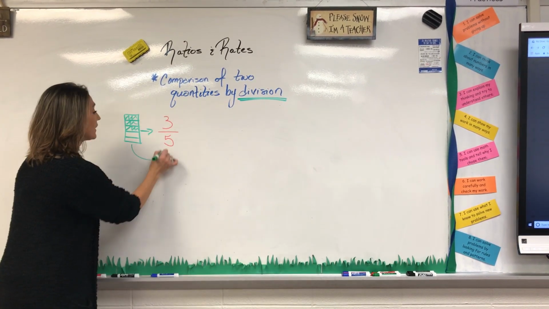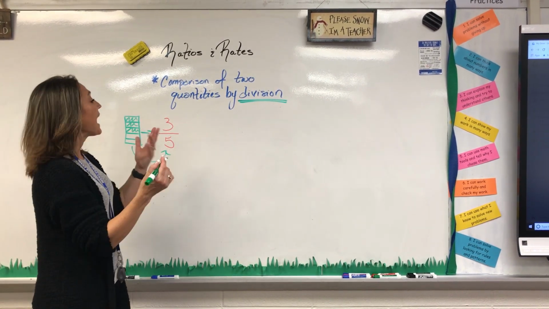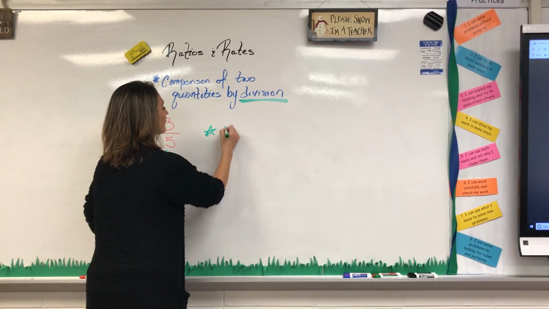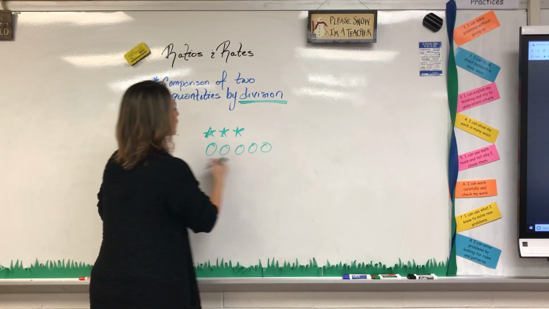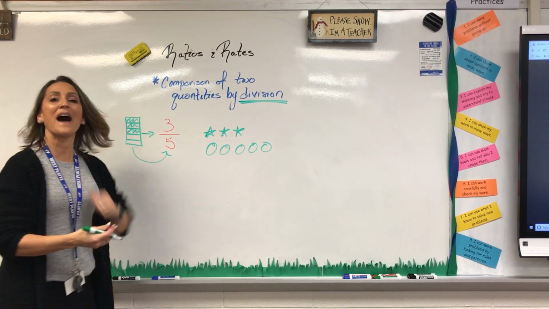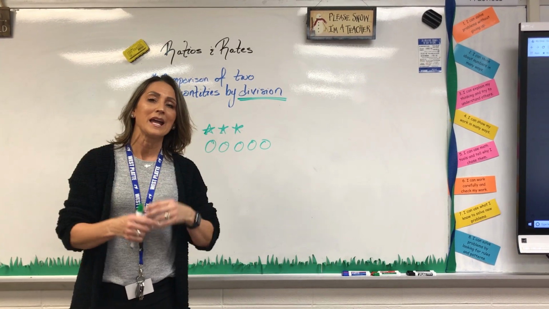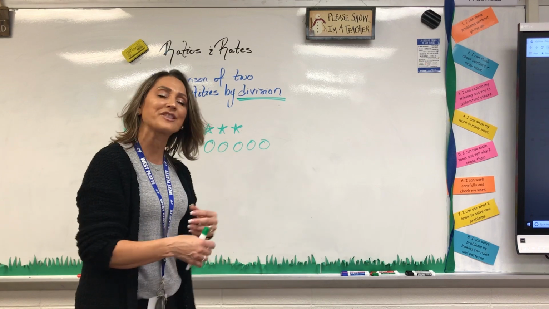This is a whole. But for a ratio, if I said that 3/5 is a ratio, I could be using just a visual concept, such as there are 3 stars and 5 circles. Ratios usually are a visual concept, whether it's numbers or pictures or drawings or items that they have.